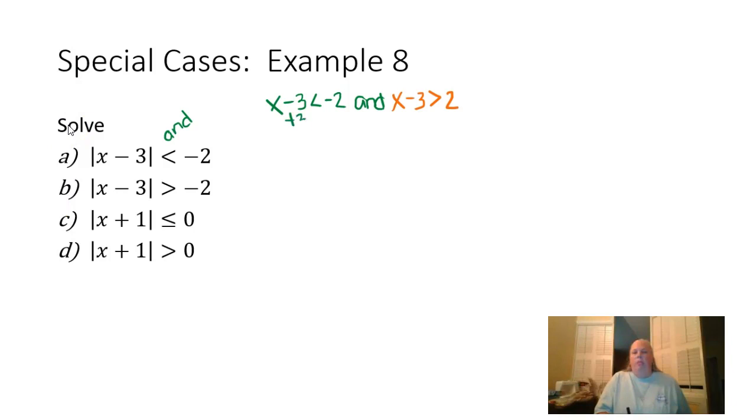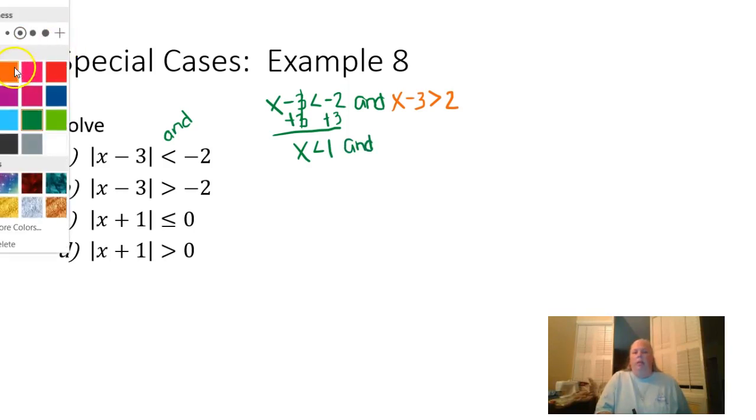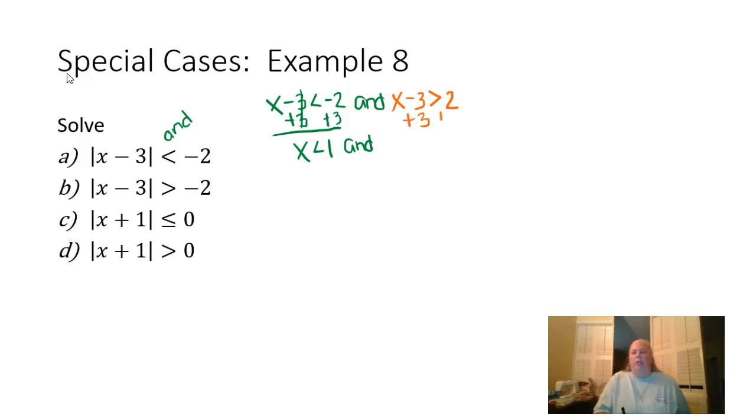I'm going to add 3 to both sides here. They're going to cancel. This is going to leave me with x is less than +1. And when I look at the other one, I'm going to add 3 to the other side. This is going to leave me with x is greater than +5.